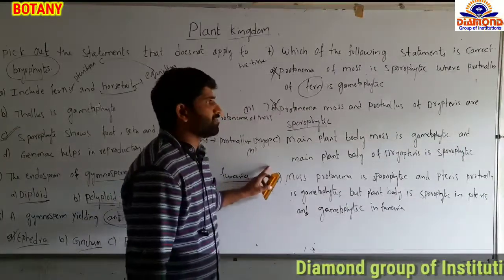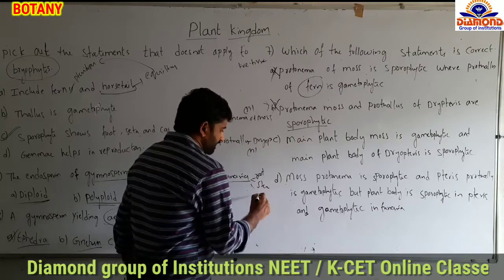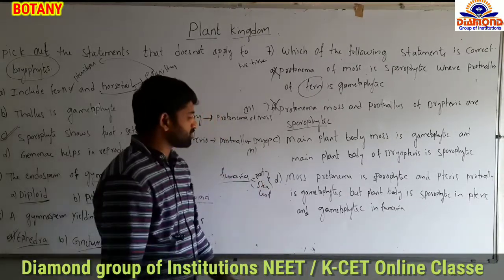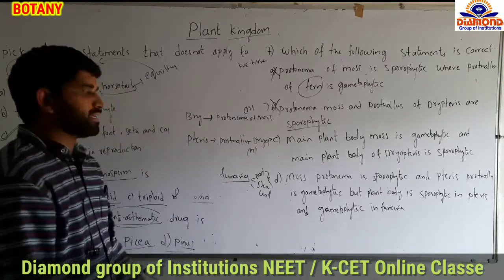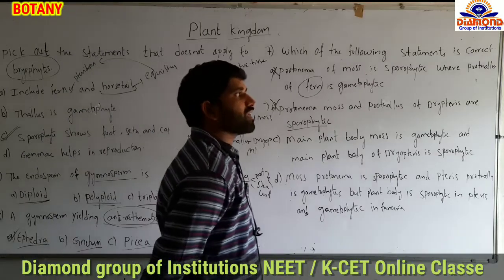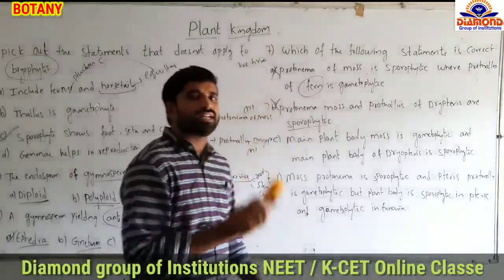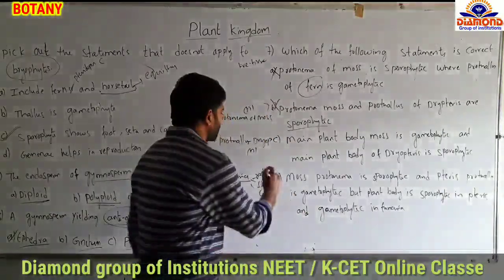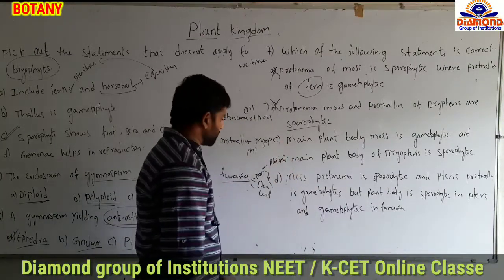It contains root-like, stem-like and leaf-like structures, but true roots, true stems and true leaves are absent. Why do we call them root-like, stem-like and leaf-like? Roots are not well developed. They are present as very small hair-like structures developed from the basal part of the plant body, which we call rhizoids in Funaria.